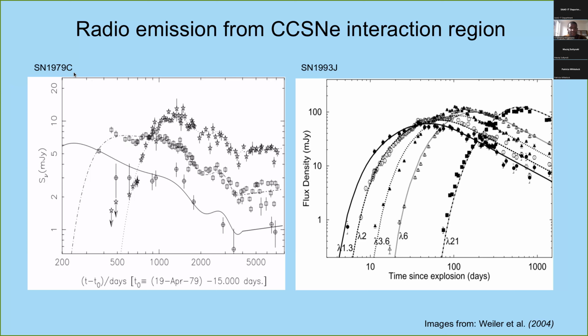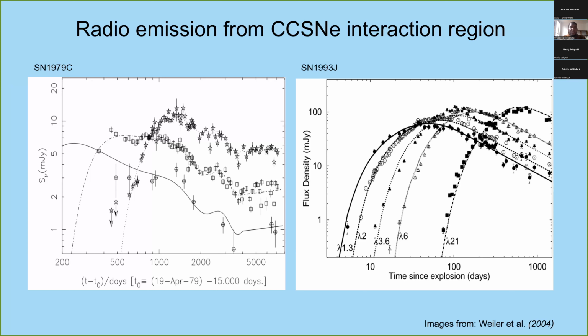So this is 1979C, where you see radio emission coming out both in the long wavelength and short wavelengths, but then in the later stage of evolution, you can see these periodic bumps in the radio emission. People have suggested that this could be circumstellar shells that have been set up by how the star lived.